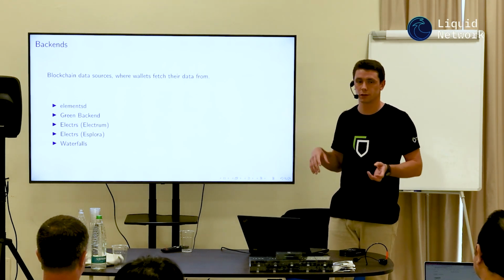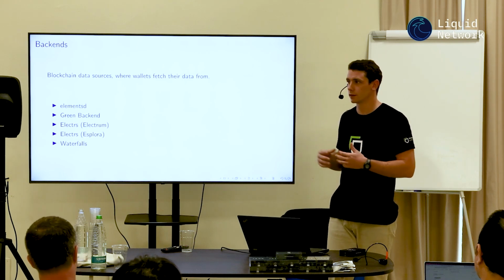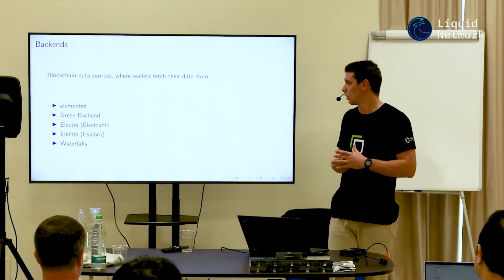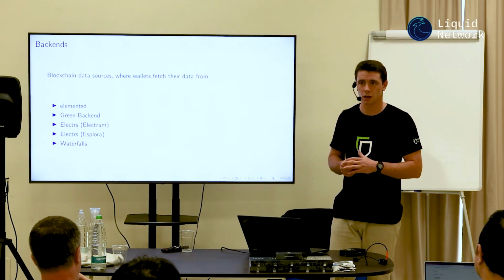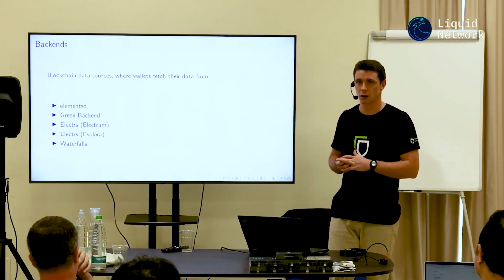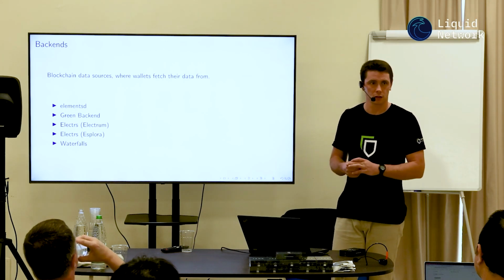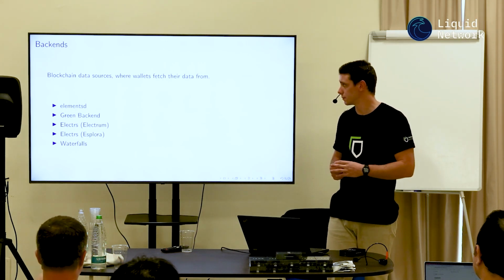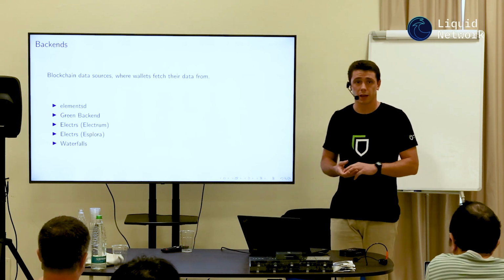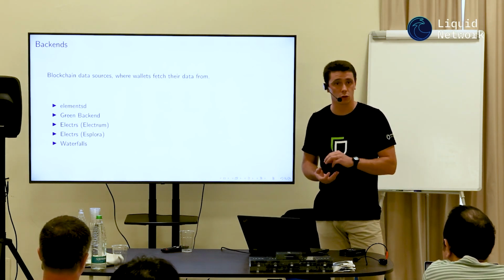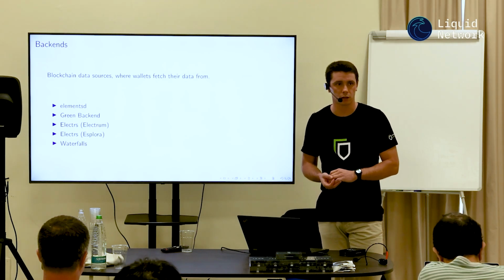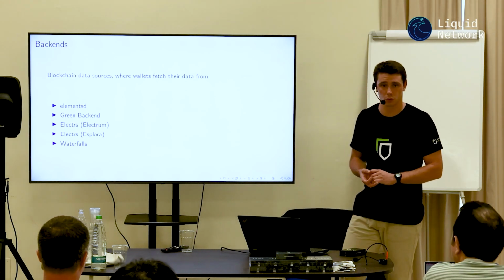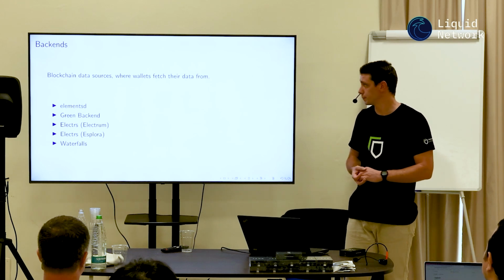Either you load the wallet in advance and you let the node monitor it, or its interface is a bit difficult to use for some generic use case. Then there is Green Backend. Green Backend is not open source, but it's available to use through GDK, and that is a possible source of blockchain data.